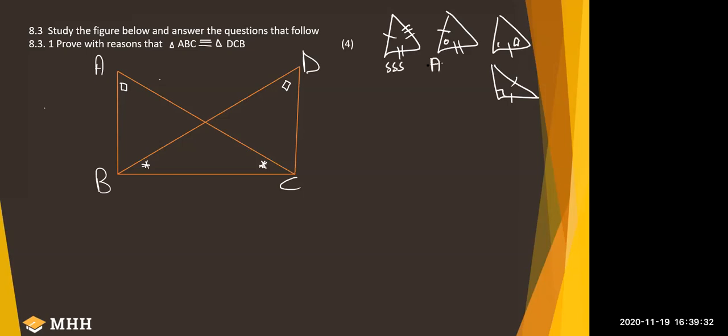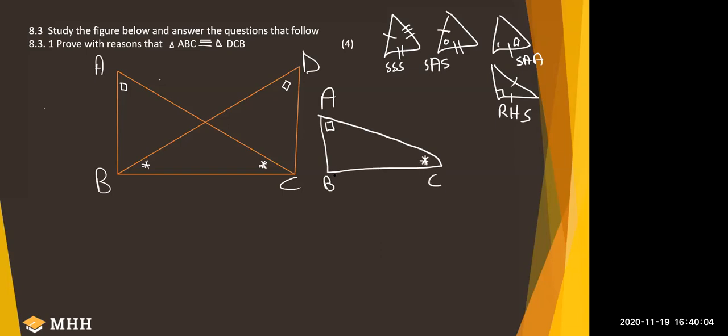Side, angle, side. Angle, angle, side. Right angle, hypotenuse, side. So what I suggest you do, if they say you must prove 2 triangles are congruent and they are intermingled like this, I would quickly just split them up. But if you can just see it, you don't have to split them up.